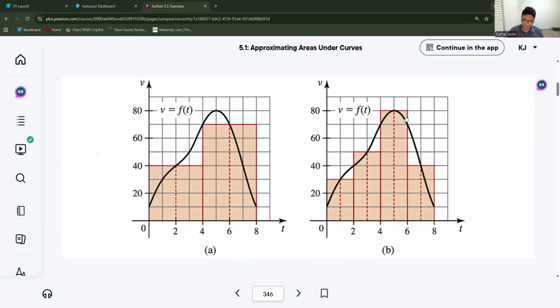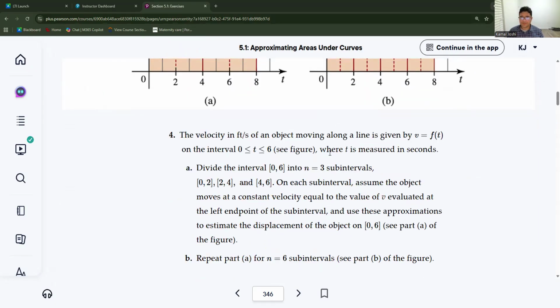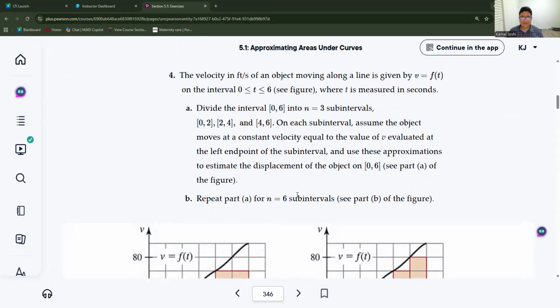Okay, moving on. That was a fun exercise actually. Let's see. Number 4 sounds similar to me at the outset. Divide into 3 subintervals, and on each interval the object moves at constant velocity. The value, okay, left endpoint.